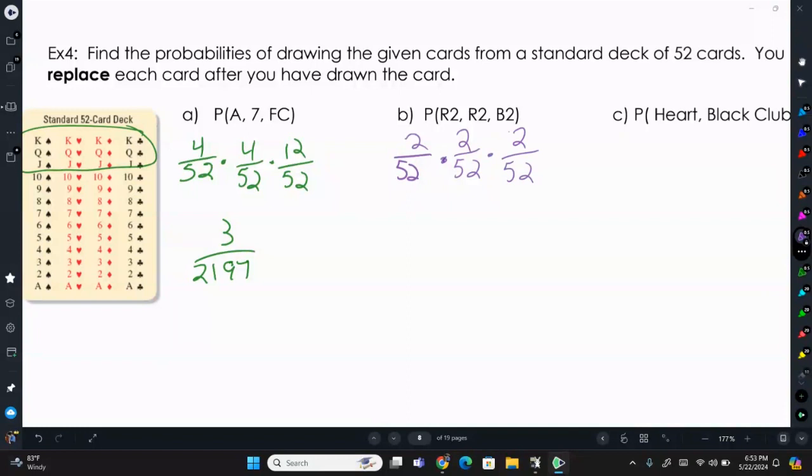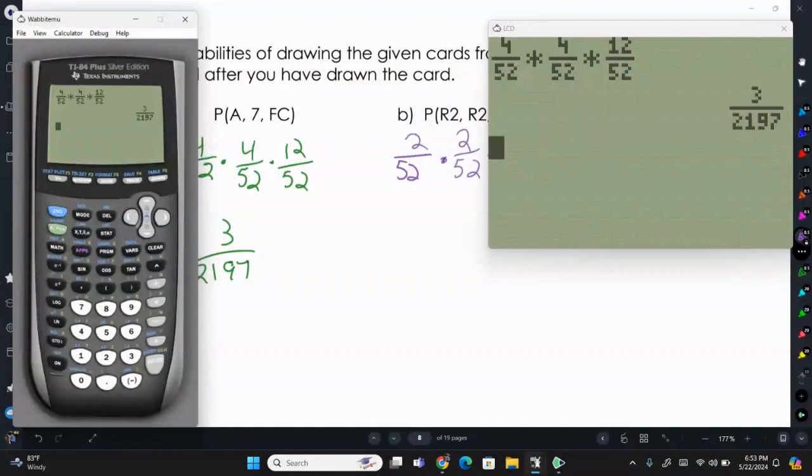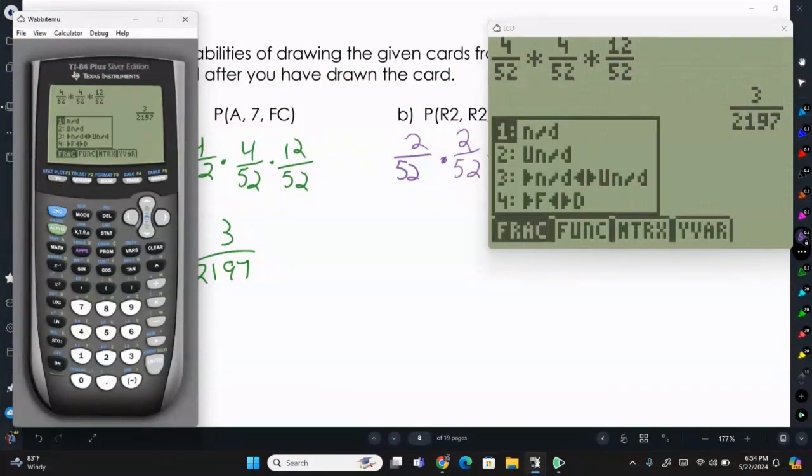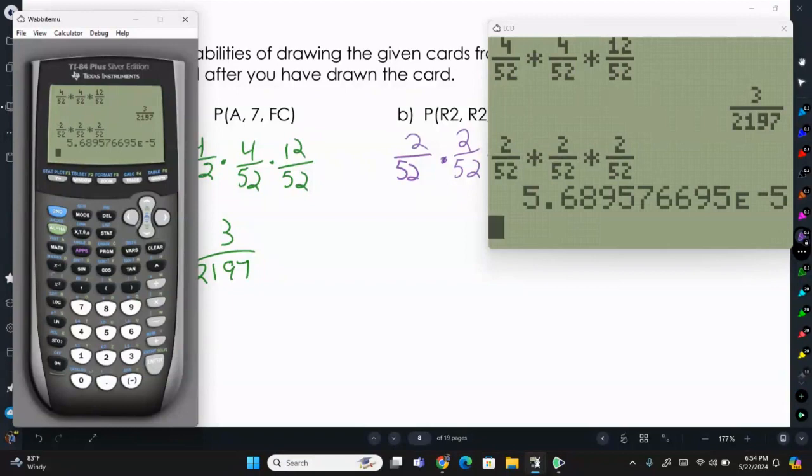So if we type this in our calculator, we get this right here, 5.68957 e to the negative 5.